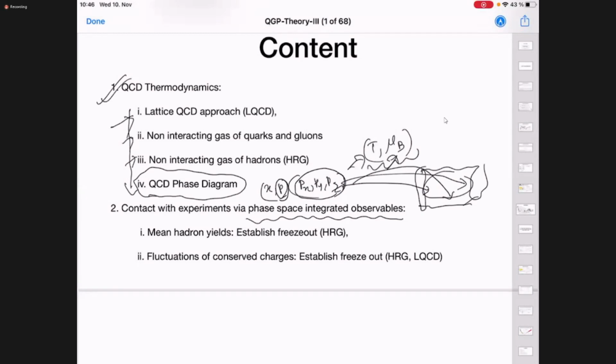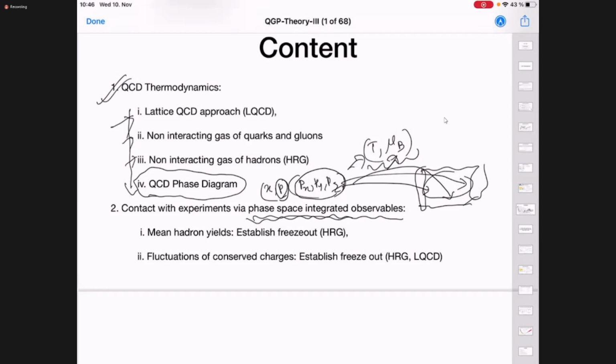We can never do a spatial differential observable. All we can do is a momentum differential observable. But having said that, the spatial is already integrated in that, so we are good to say it's a phase space integrated observable, right?